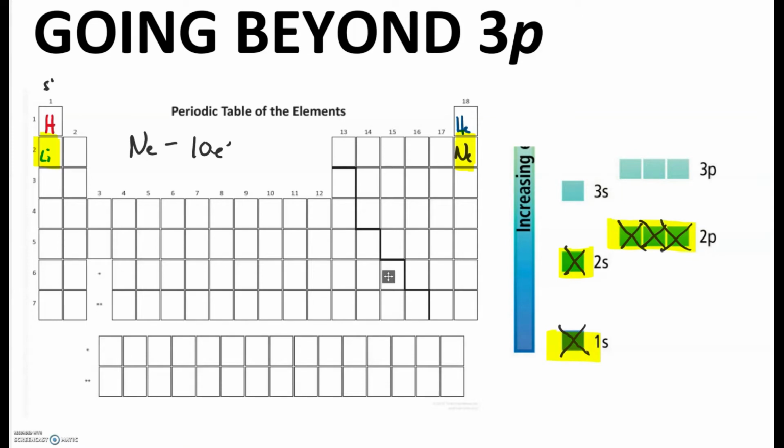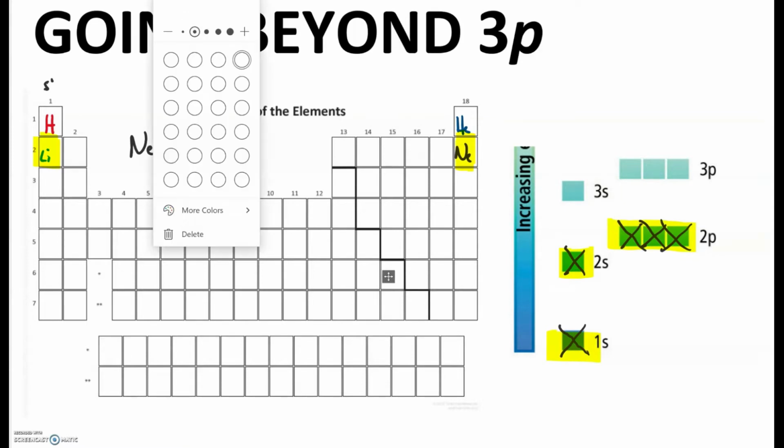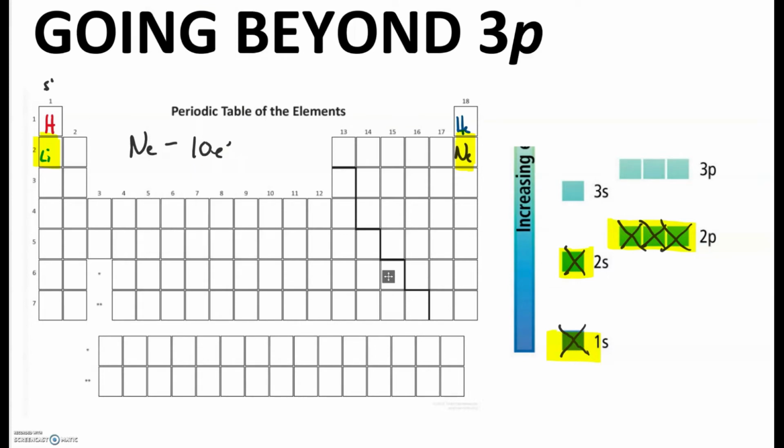And so if we were going to add one more electron, say for sodium, which is here, which has 11 electrons, the electron configuration of sodium would involve going to the third energy level.